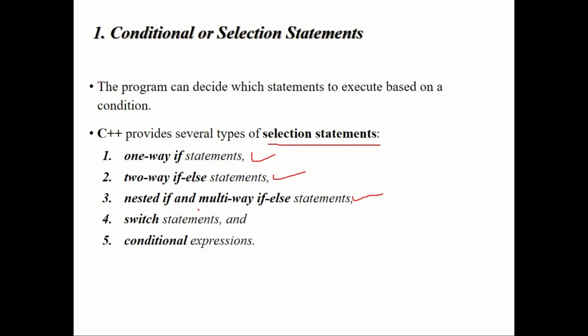And the next one, the conditional expression. Conditional is another example like that. So these all five are examples of selection statements. They select the fulfilled condition of the given conditions.